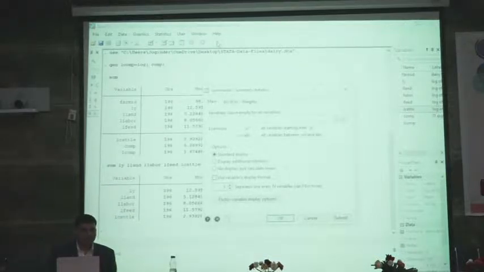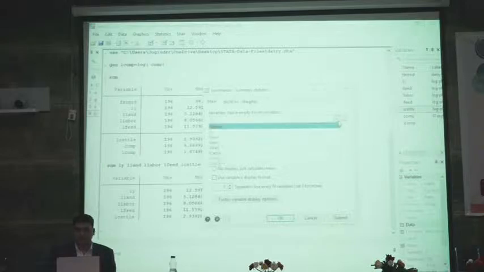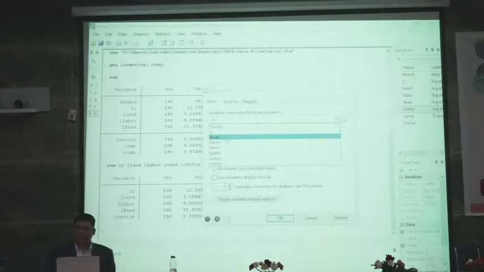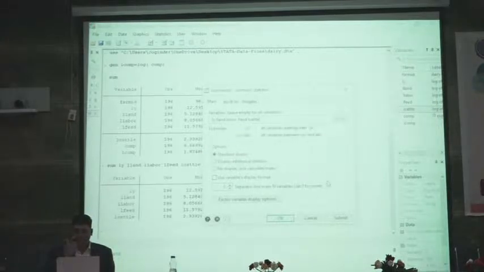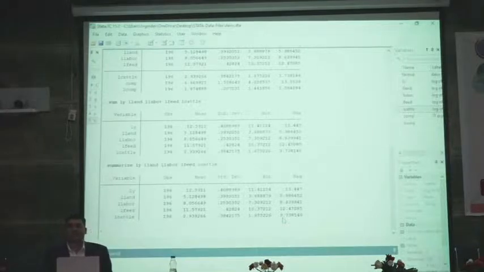Select the variables for which you want to get the summary. So simply click on this, or simply click on it. Okay. You will get the same result. That is a summary. Okay.